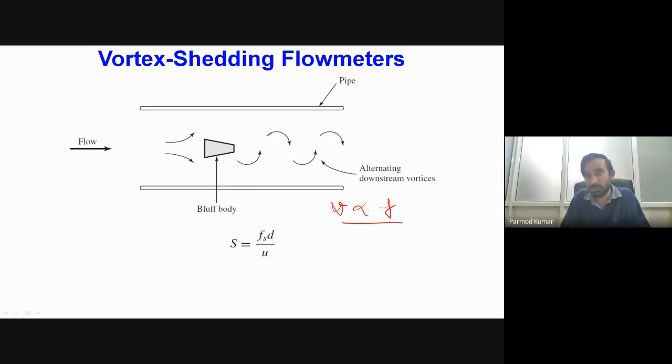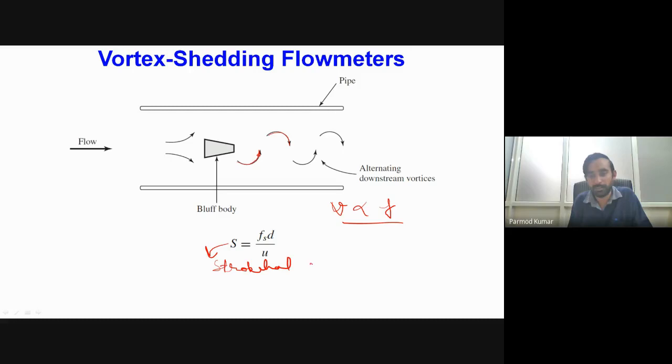So you can see one vortex is forming in the upward direction and one vortex is forming in the downward direction. So like that we will be having alternate sequence of the vortices in the downstream of this bluff body. Okay, so over here we are having one dimensionless parameter which is known as Strouhal number.